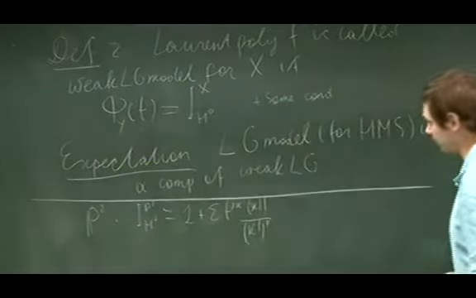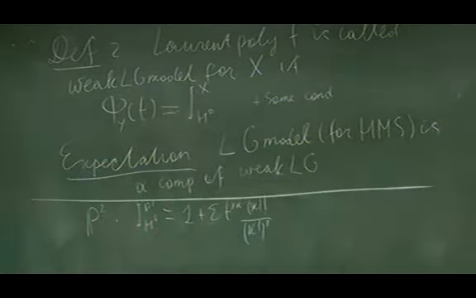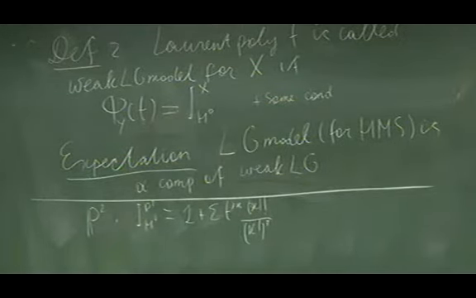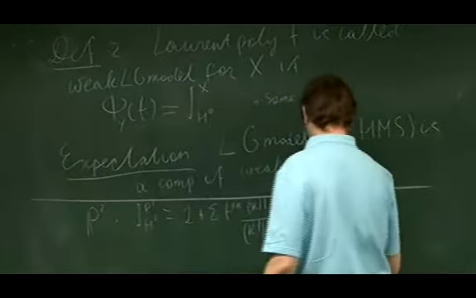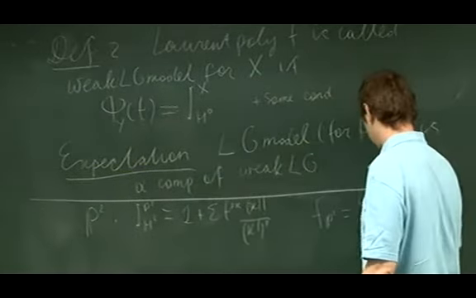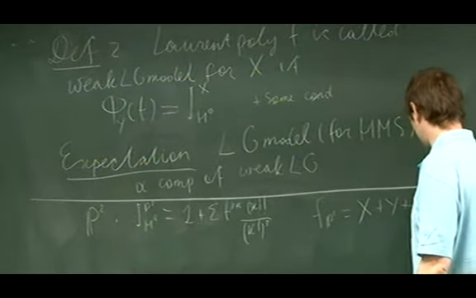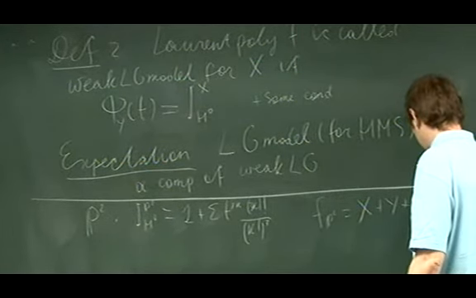And I suggest, well, it's the first example usually in talks about Landau-Ginzburg models. The weak Landau-Ginzburg model for P2 is just a polynomial in two variables, x plus y plus 1 over xy.